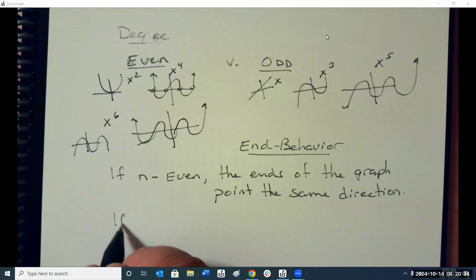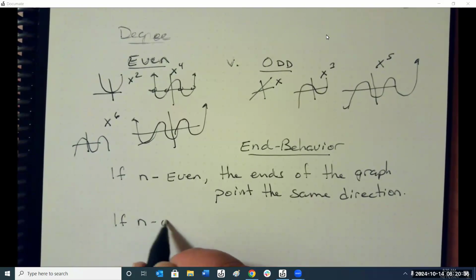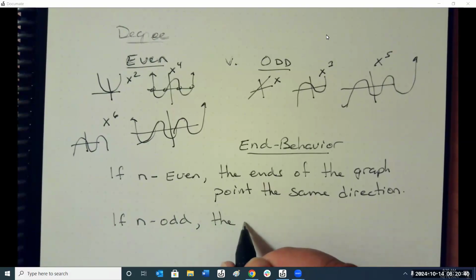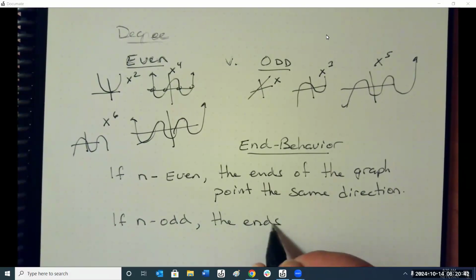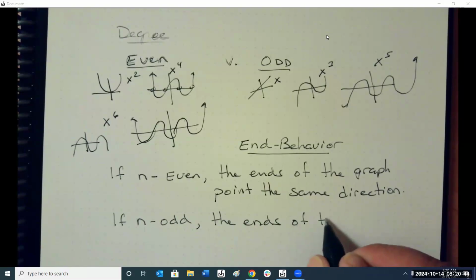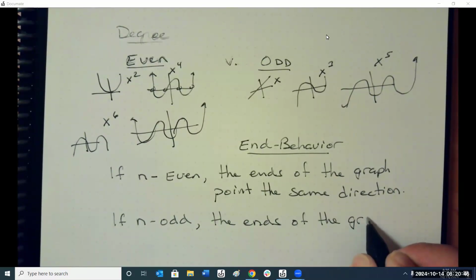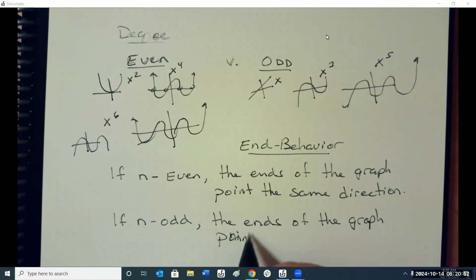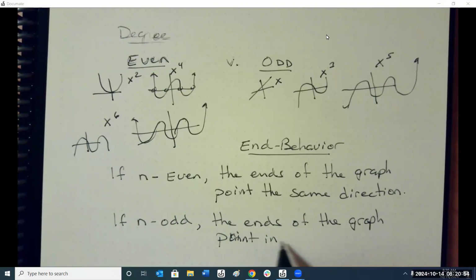So if our degree is odd, the ends of the graph point in opposite directions.